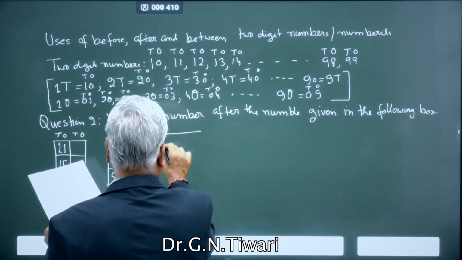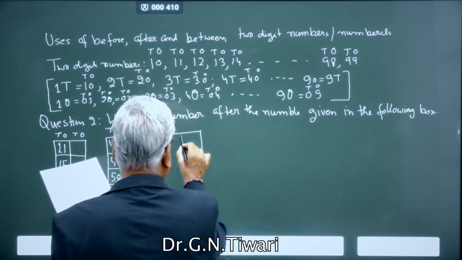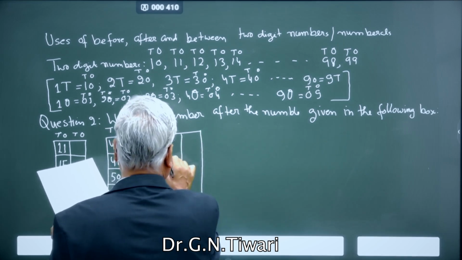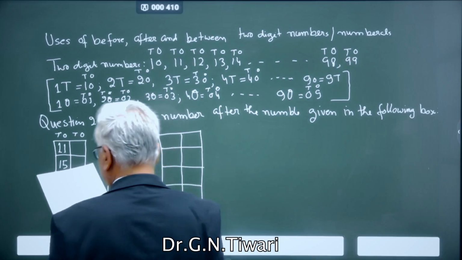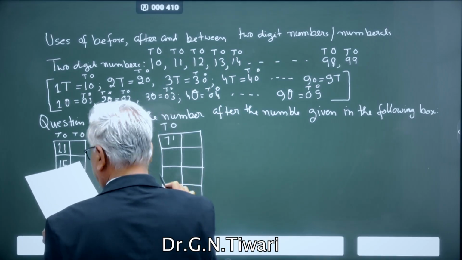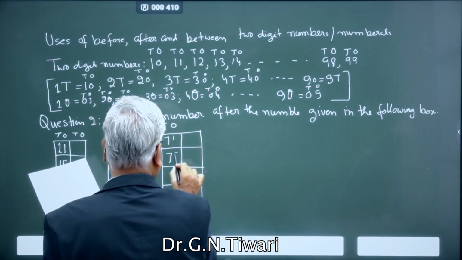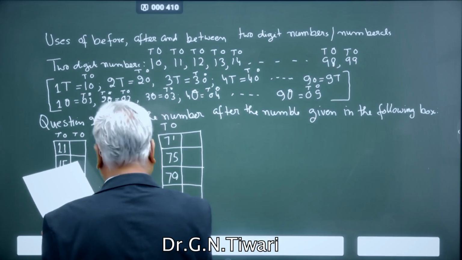Third example, 1, 2, 3, 4. Then O T 71, 75, 79, and then 80.